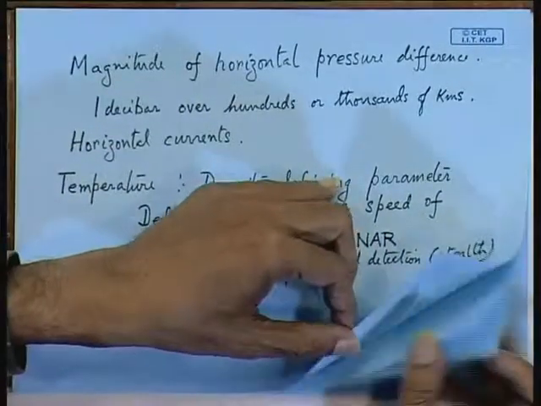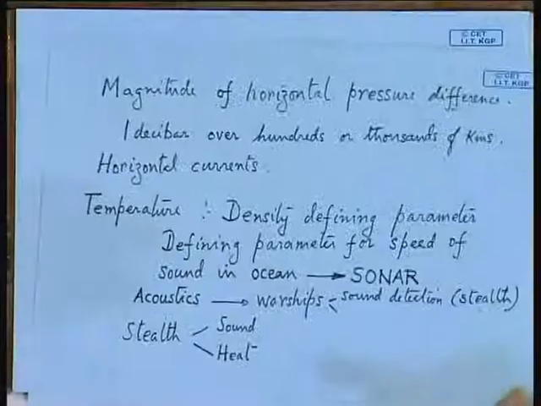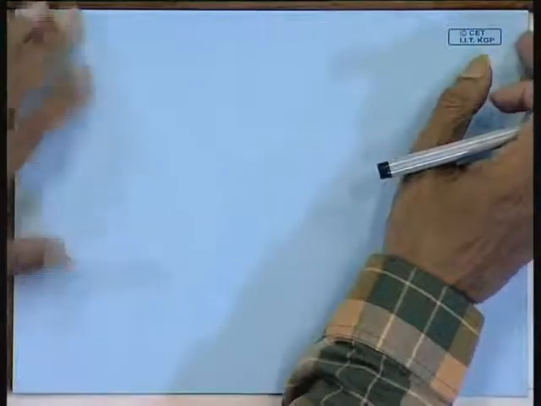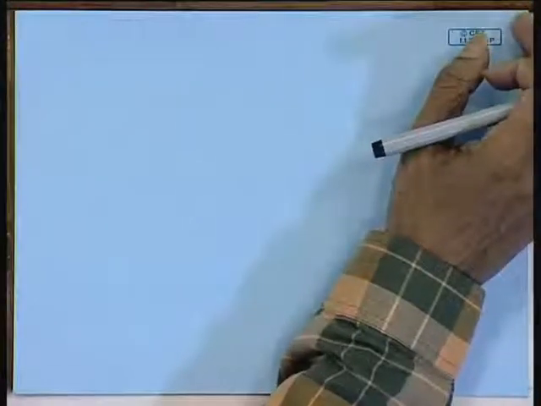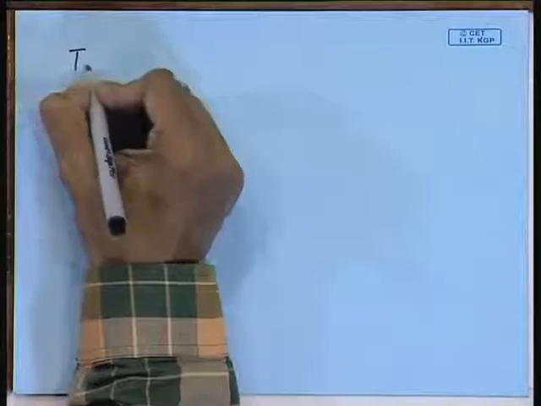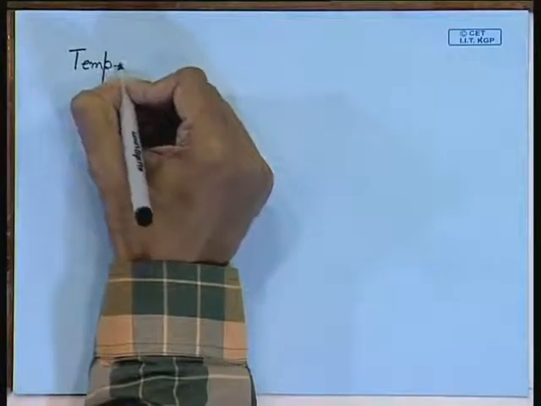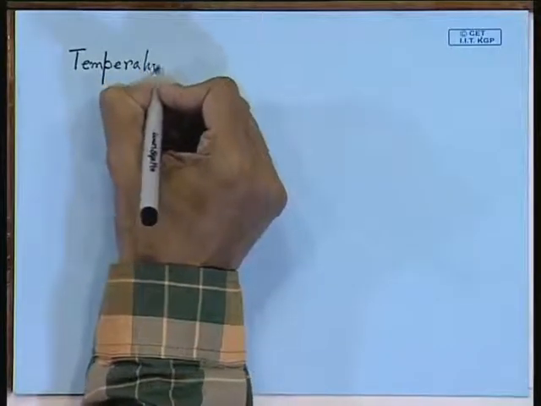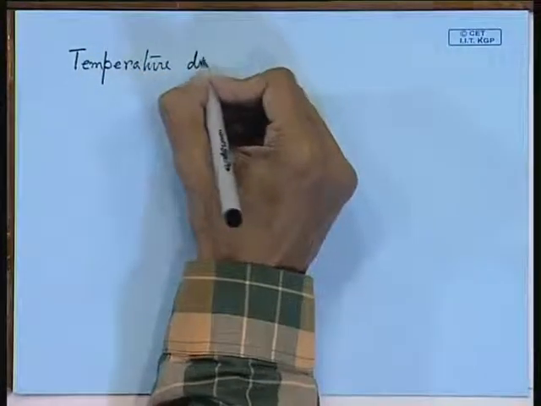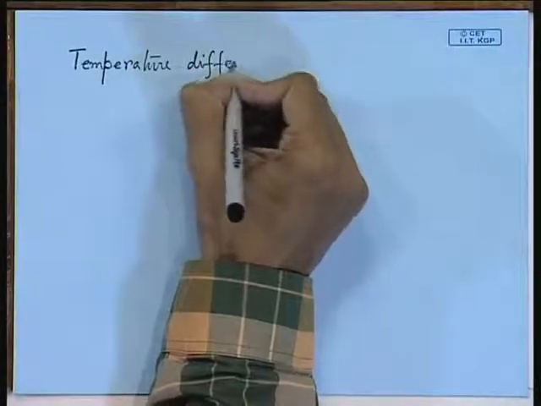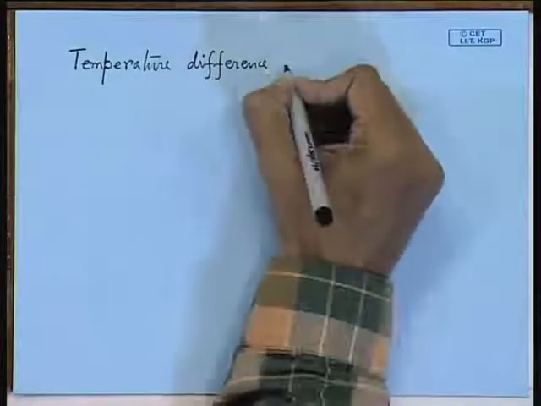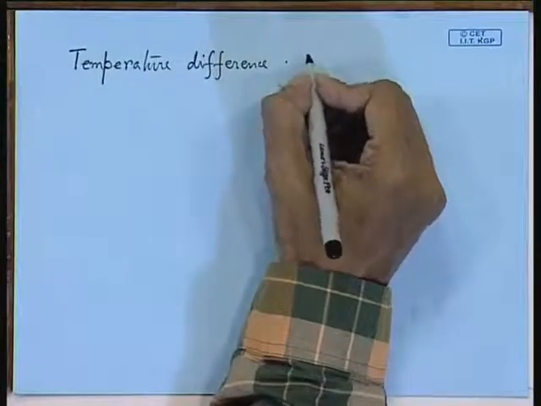Now, temperature difference in the ocean is also quite large, as we have seen that the difference in pressure can be as high as 10,000 decibars, isn't it? From 0 to 10,000 decibar is the variation in pressure. So, whatever is happening in the ocean is on a massive scale.